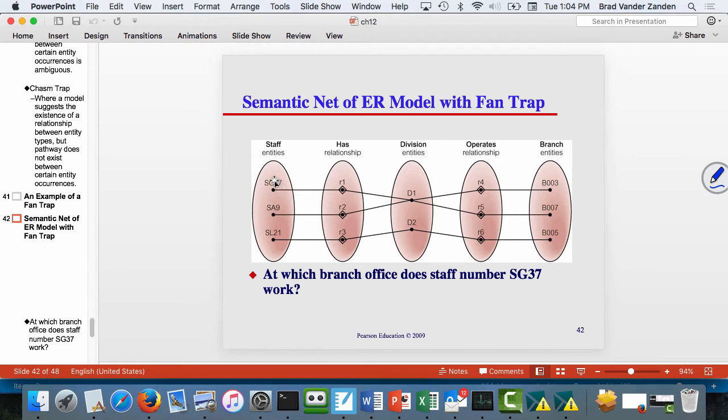this is called a semantic net, which is actually showing specific examples. So we have SG37 belongs to Division 1, and Division 1 is operating 3 branches, B3, B7, and B5. So the question is, which branch does SG37 belong to? Can you tell me?